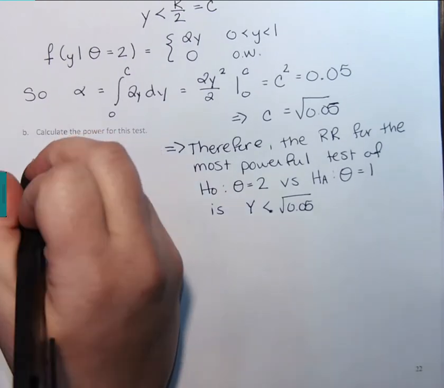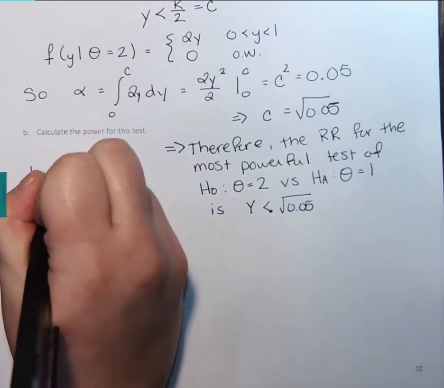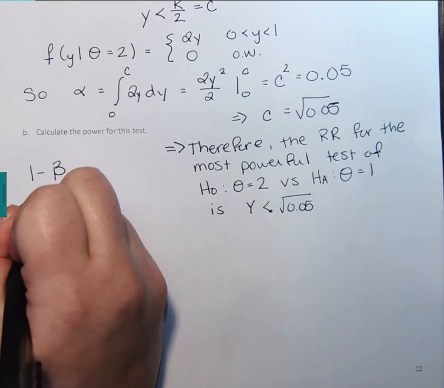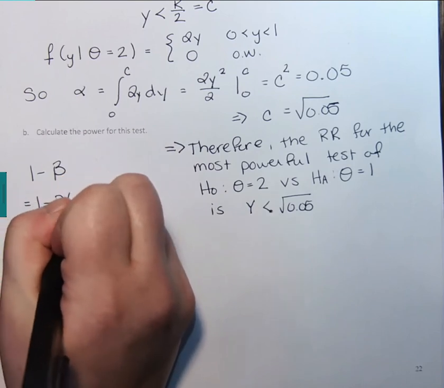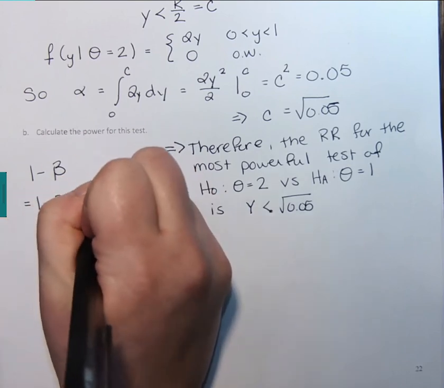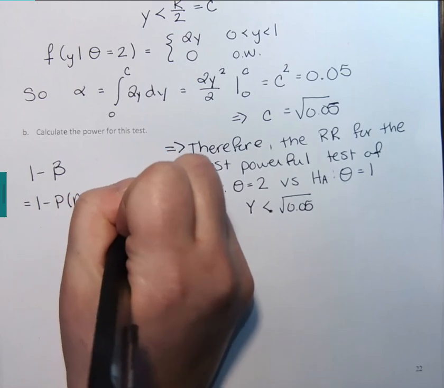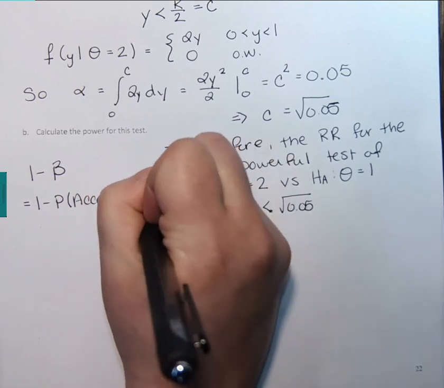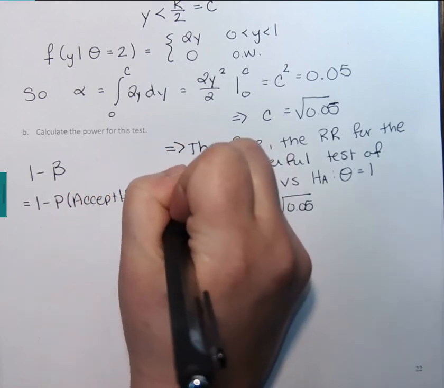So let's actually calculate that power. Remember that power is equal to 1 minus beta, which is equal to 1 minus the probability that we accept the null given that the alternative is true.